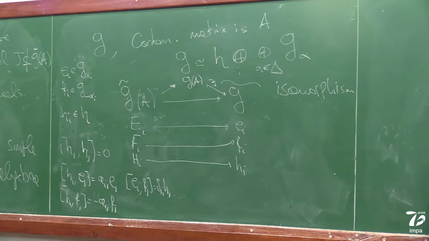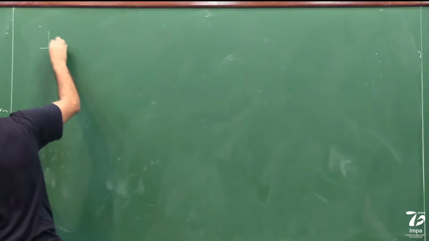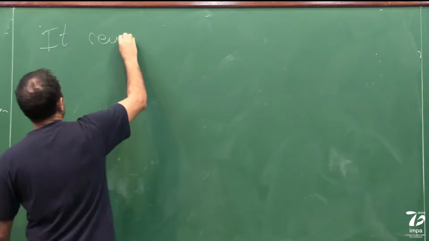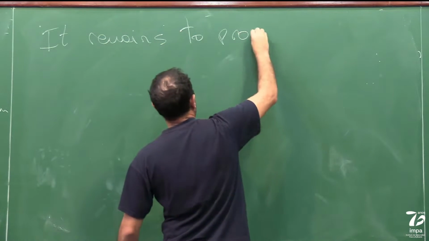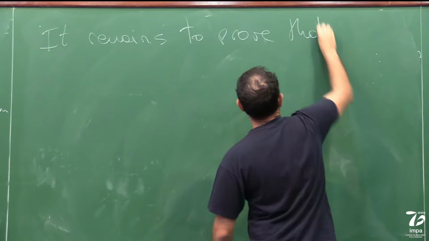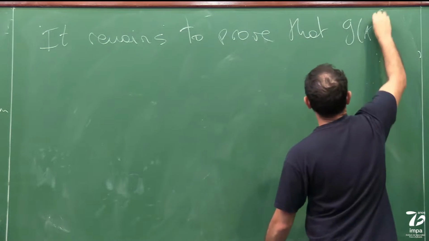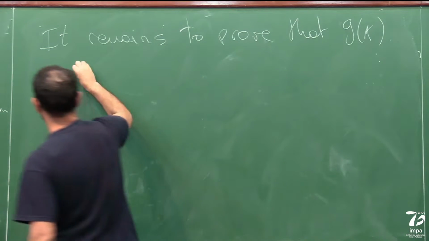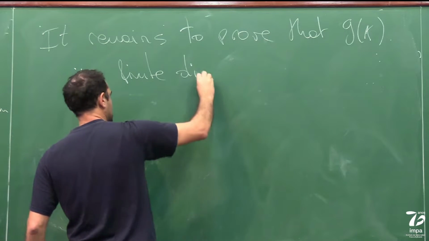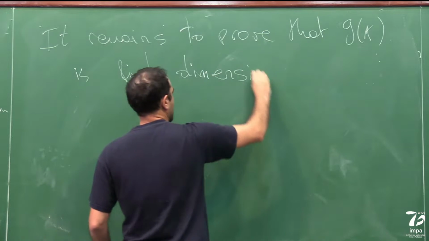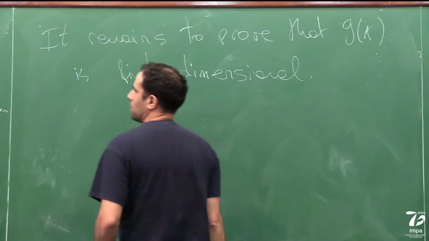So that I won't do today, luckily enough, because Jethro is going to have to prove the character formula. So it remains to prove that g of A is finite dimensional. Okay, so I covered the lecture of today.